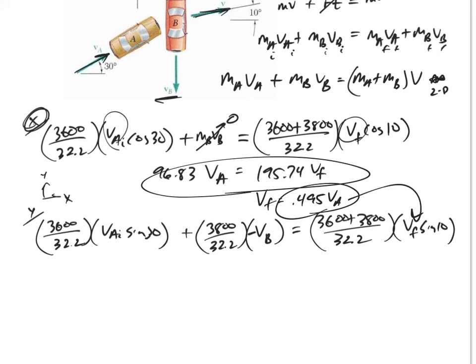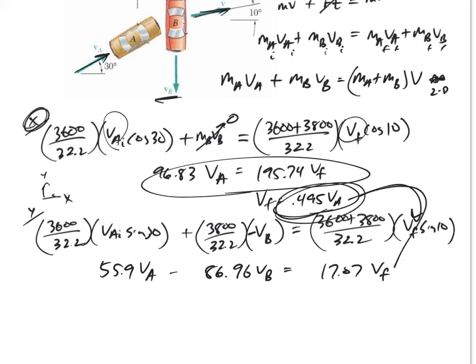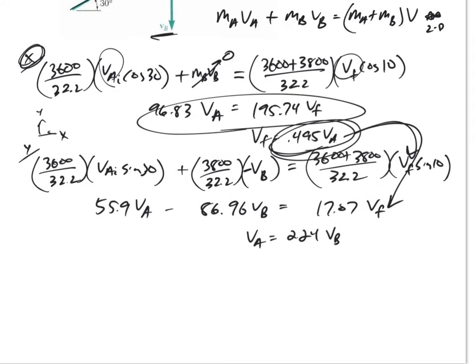I would have just a little bit of math, so simplifying this a little bit, 55.9 VA minus 86.96 VB is equal to 17.07 VF. And then if I plug in 0.495 right here, I could end up with an equation that said VA is 2.24 VB.